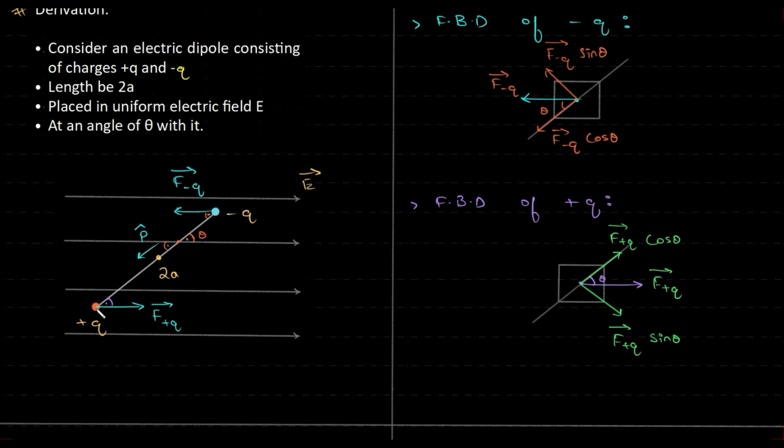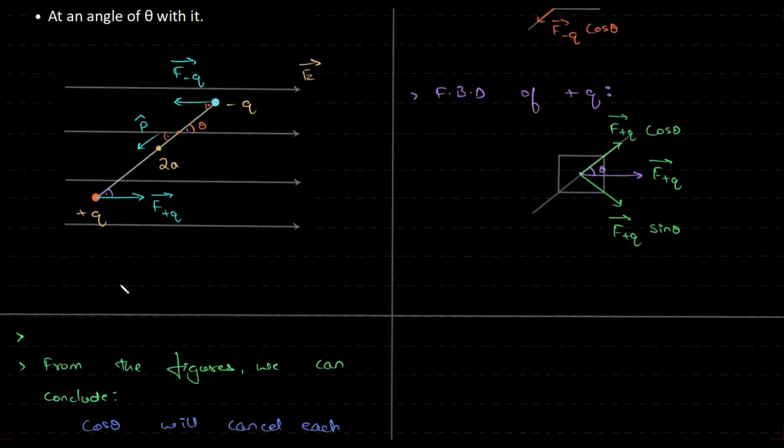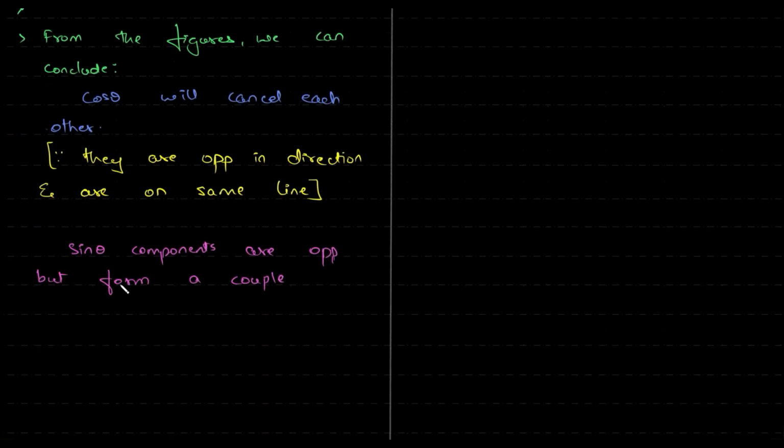Sine theta, if I think about this component over here and over here, they form a couple. With respect to this line, they are perpendicular, while cos theta are on the same line but in opposite direction. Agree?